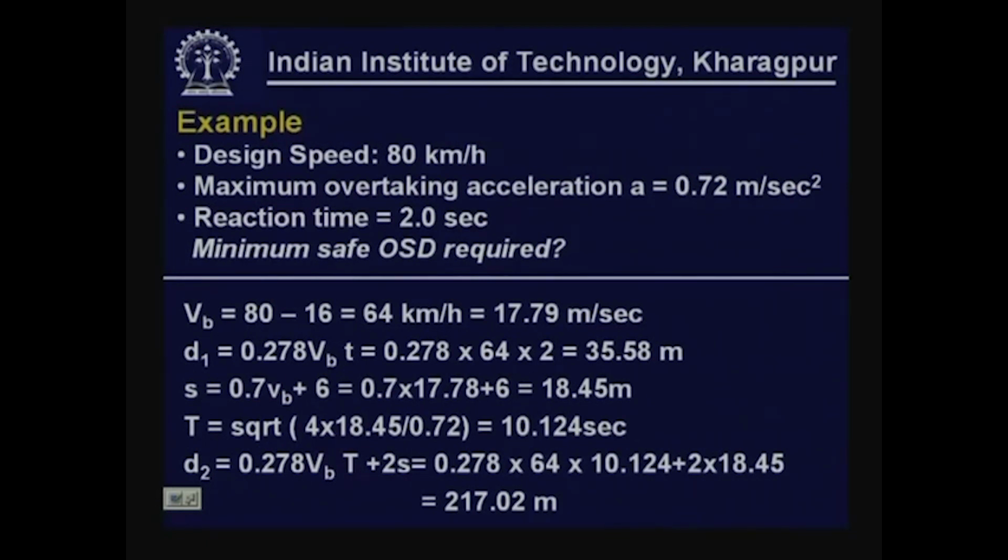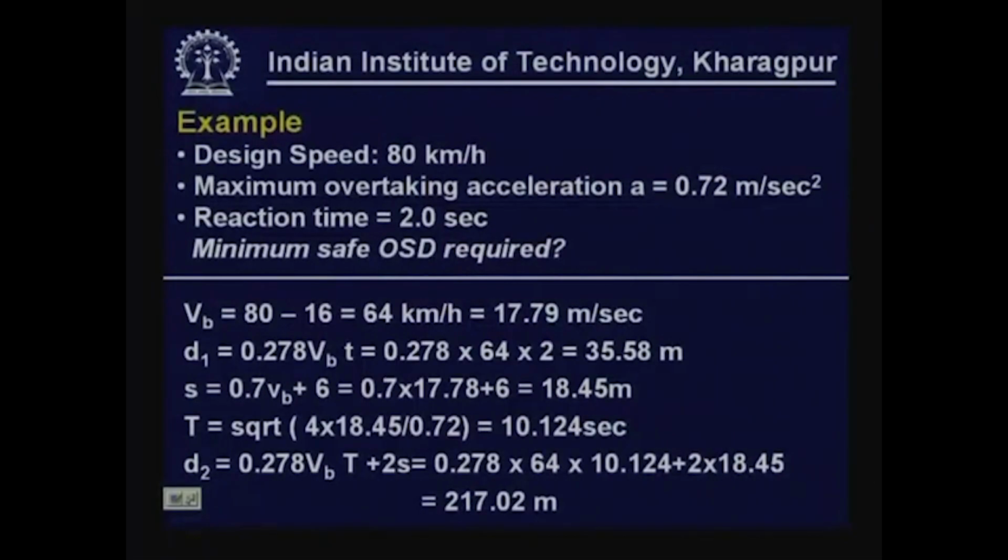You know that as per Indian Roads Congress recommendation, the slower moving vehicle is assumed to travel at a speed 16 km lesser than the design speed of the road. So, when the design speed is 80, the slow moving vehicle speed is 80 minus 16. So, that is 64 km per hour.